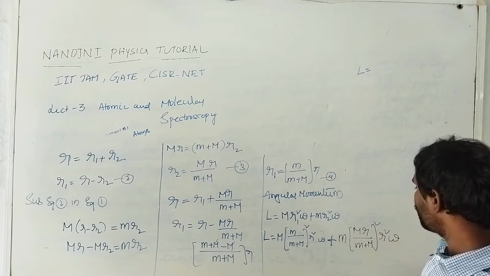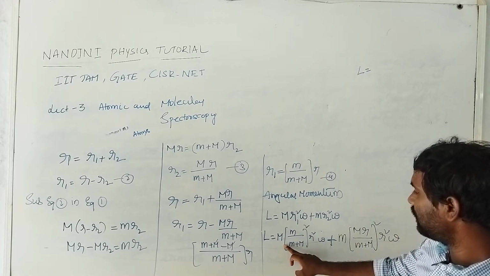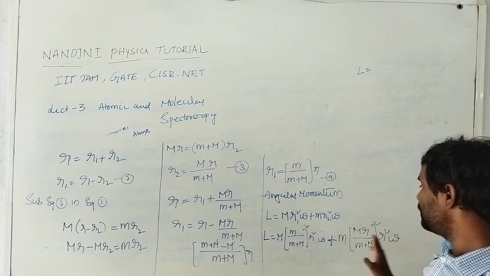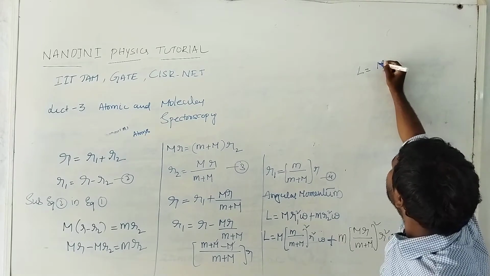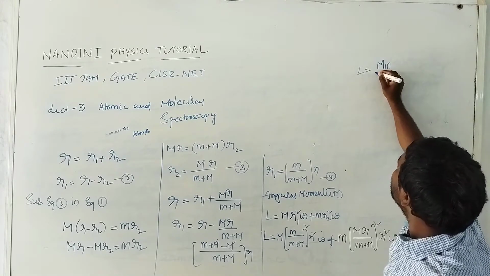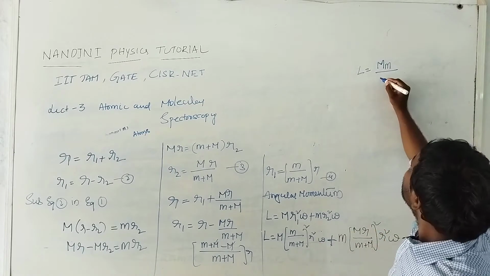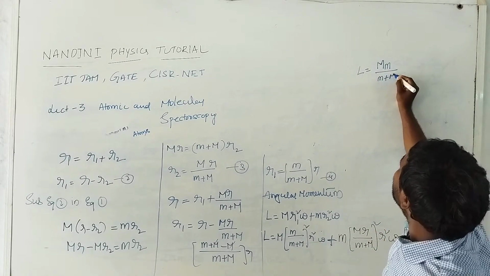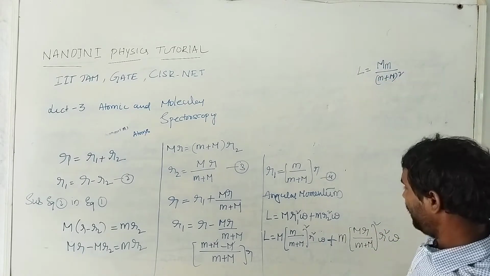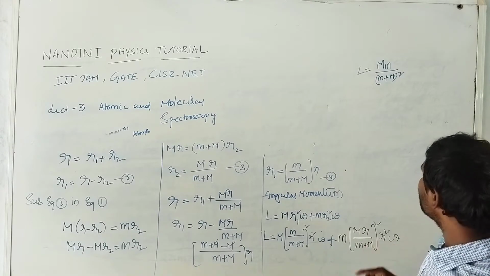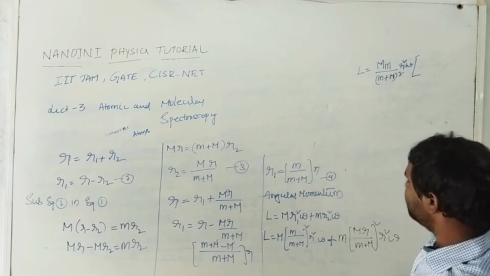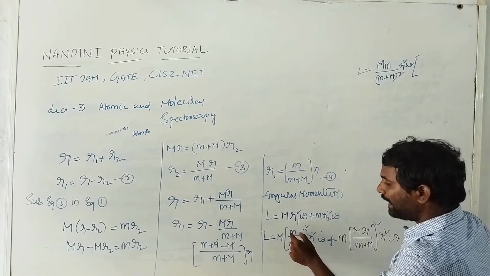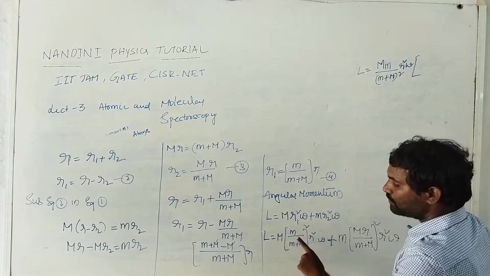Simply take common capital M and small m from the two terms, divided by small m plus capital M whole square, into R squared omega, which is also common.